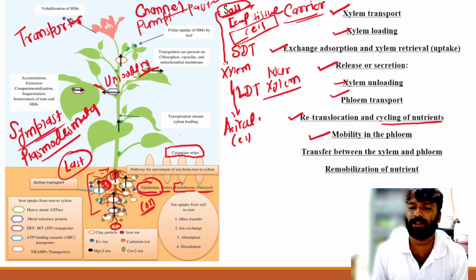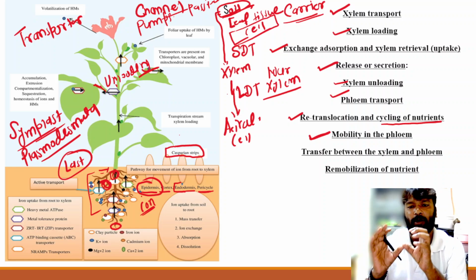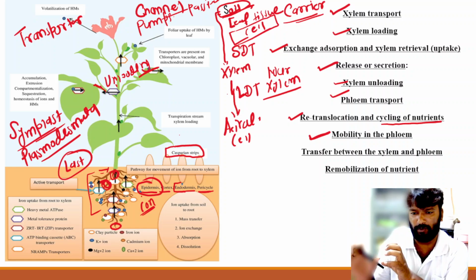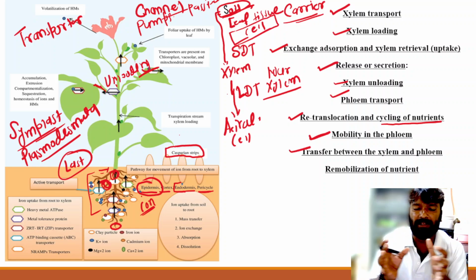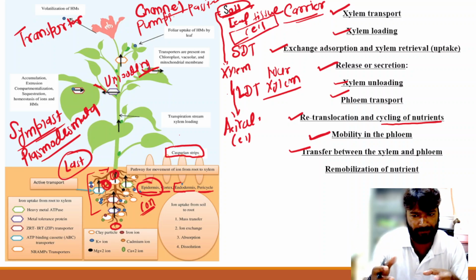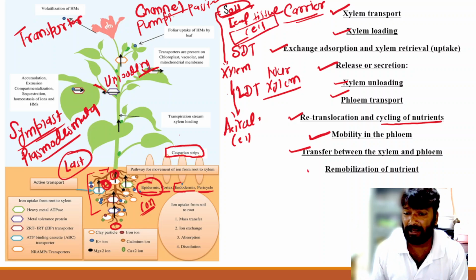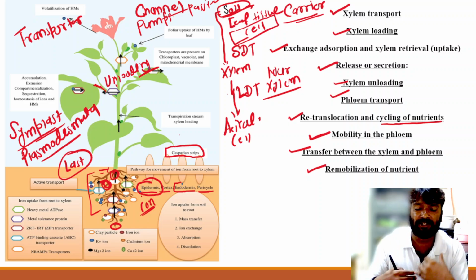Then we will discuss some factors which are crucial for the mobility of the nutrients in the phloem. Okay, we will discuss the exchange between the xylem and phloem. Then finally we will discuss the remobilization of nutrients.